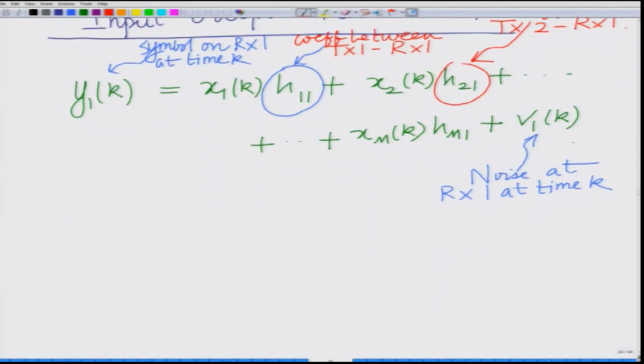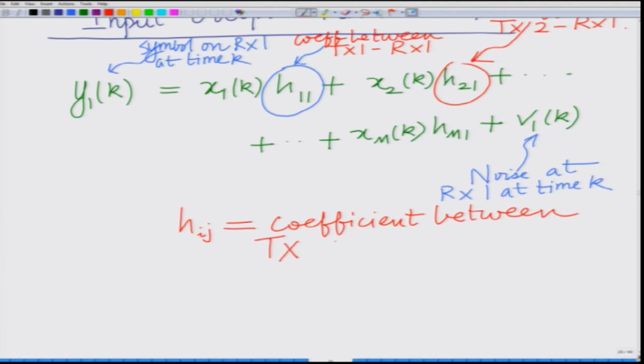So, Hij equals the coefficient between Tx antenna i and Rx antenna j.